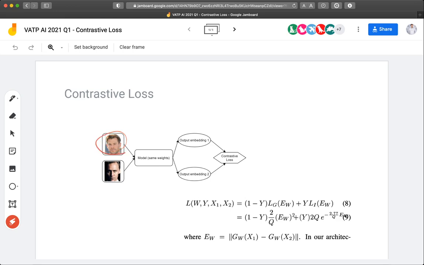But here the idea is that we have samples of different classes or the same class. We have a model where the weights are the same for any sample, as it would be in any classification task, but actually the image is not that great, so I need to improve it a little bit.